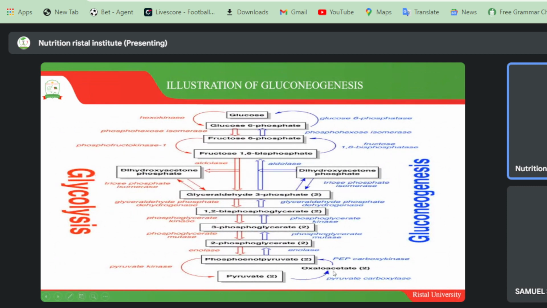I hope you're following my cursor closely. On the blue side, we have pyruvate into oxaloacetate. From oxaloacetate, we have PEP carboxykinase forming our phosphoenolpyruvate.